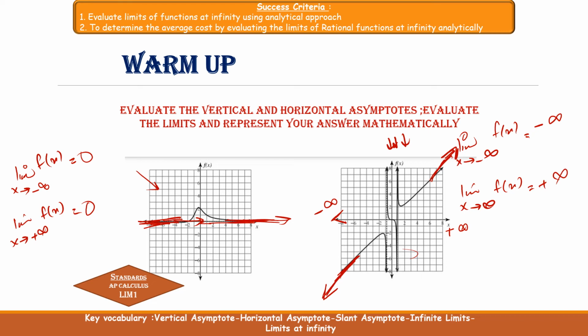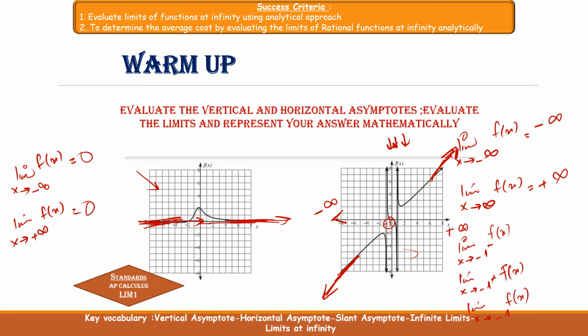Now can you see that there is a vertical asymptote at -1? So write the three equations: limit as x approaches -1 from the left side, from the right side, and from both sides. Left side means now hide the graph in such a way that only the vertical asymptote is shown.